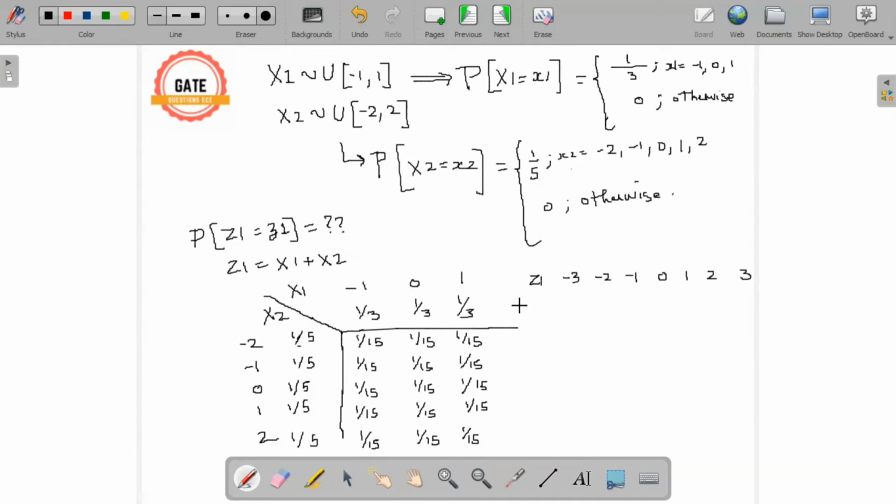So probability capital Z1 equal to small z1. I will write here. For -3 it will be 1 by 15.